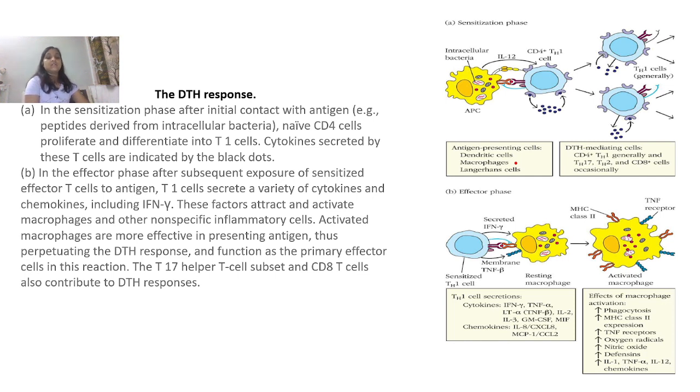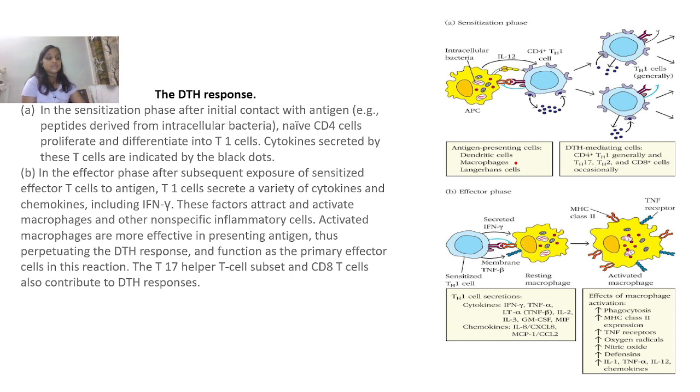So here activated macrophage can help in the clearance of the pathogen by different kinds of mechanism. So this is known as a delayed type hypersensitivity response, particularly in case of intracellular bacteria. So why is it called delayed type hypersensitivity?